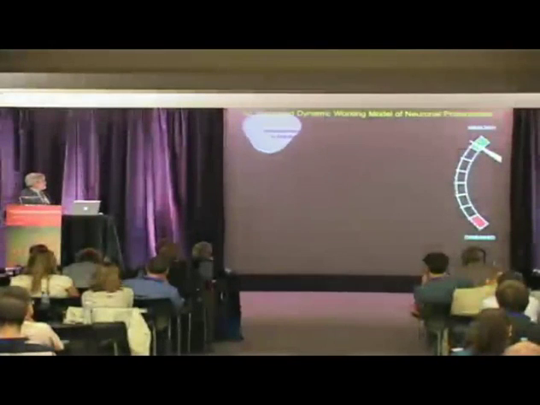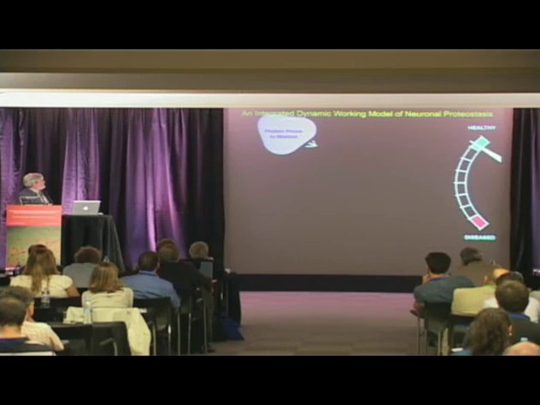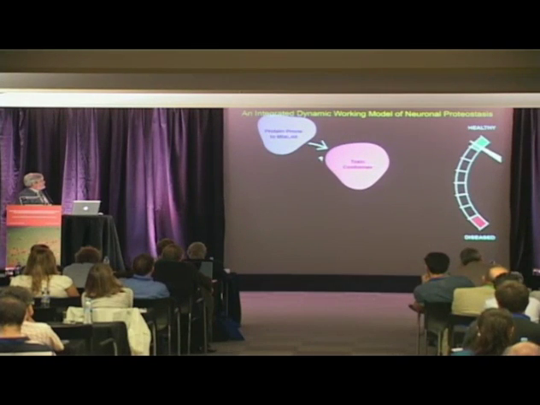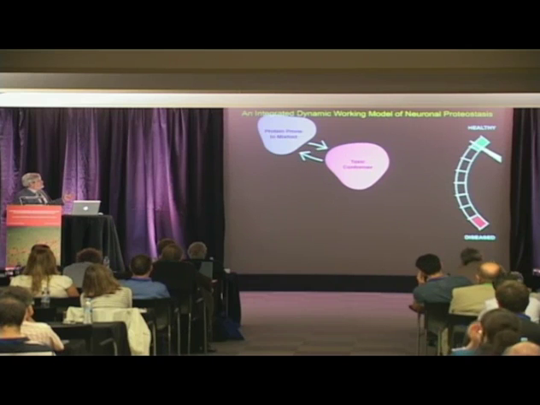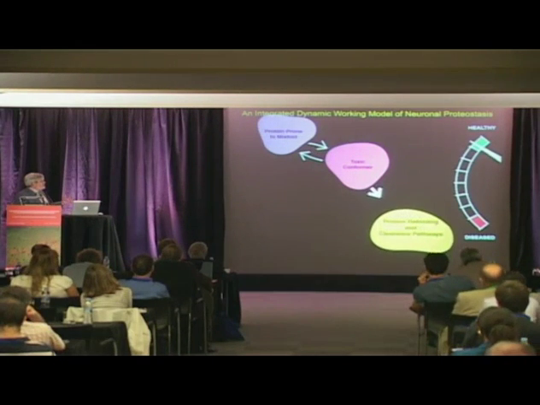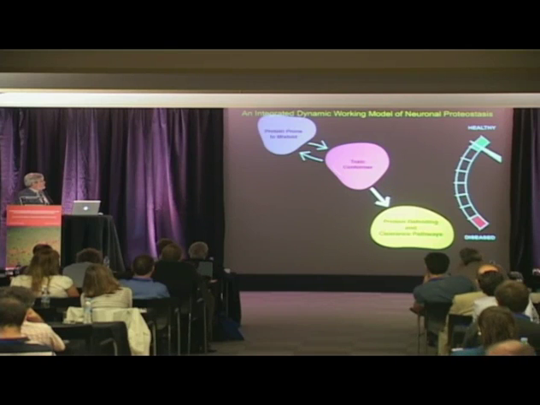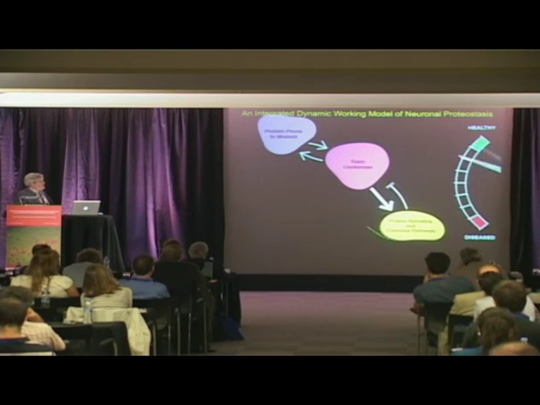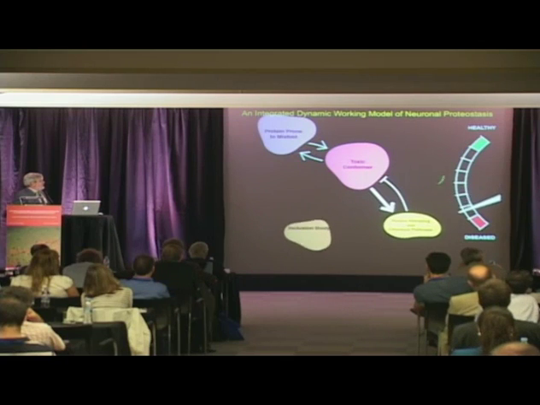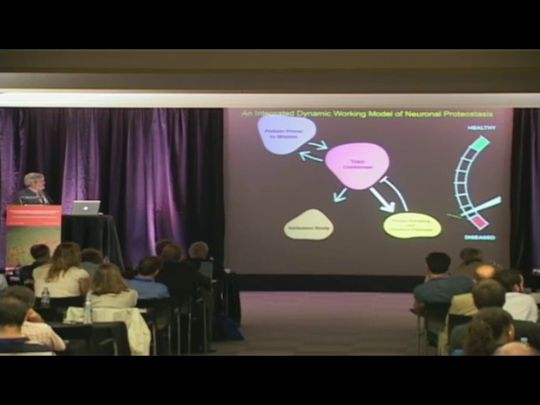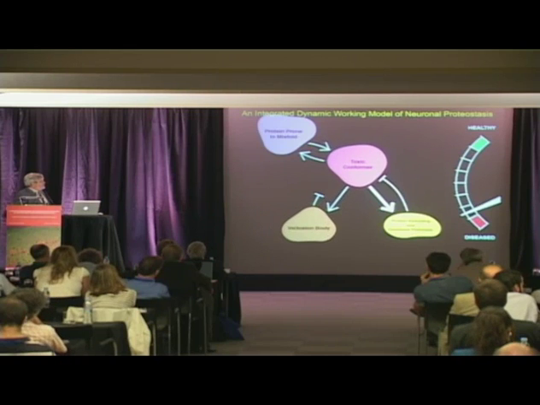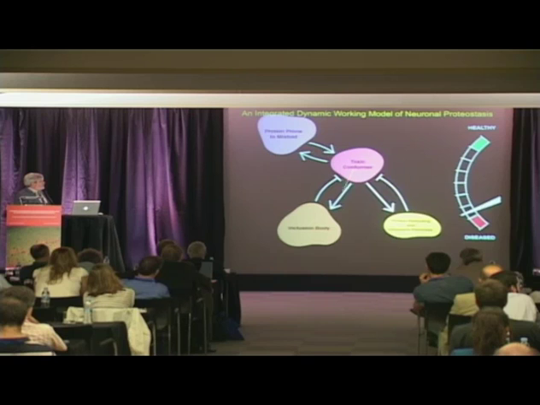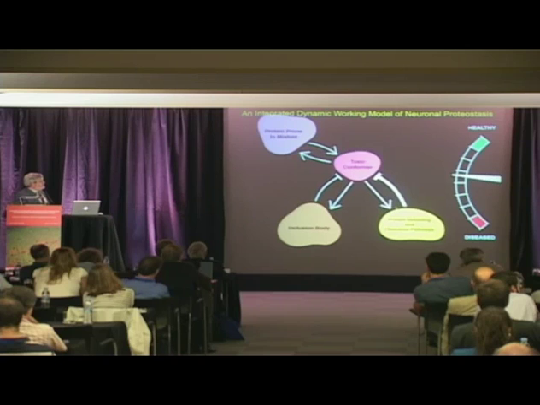So to summarize a model, we think that environment or mutations make certain proteins prone to misfold. These in turn can adopt structures, it could be oligomers or even toxic monomers, that can place stress on protein refolding and clearance pathways. And that reduces the viability of those cells. In that context, inclusion body formation may be a way to move those toxic conformers into a structure that's more inert and decompress the stress on the refolding and clearance pathways.